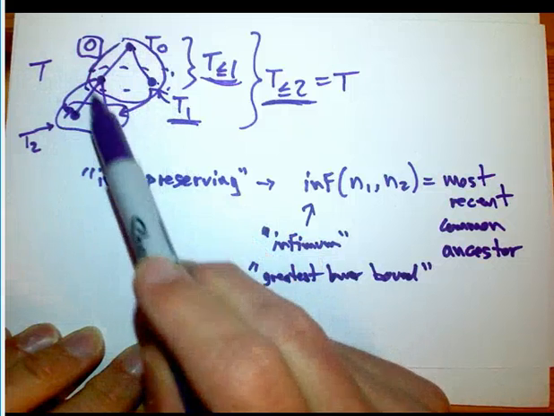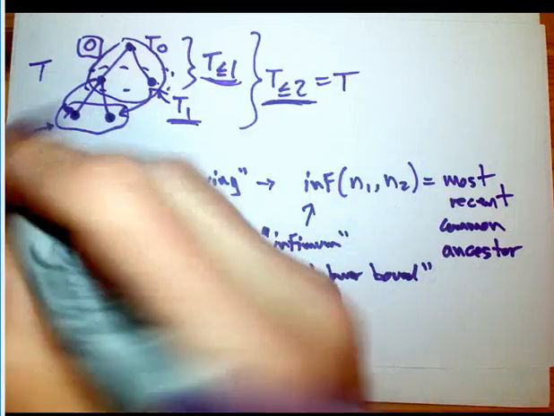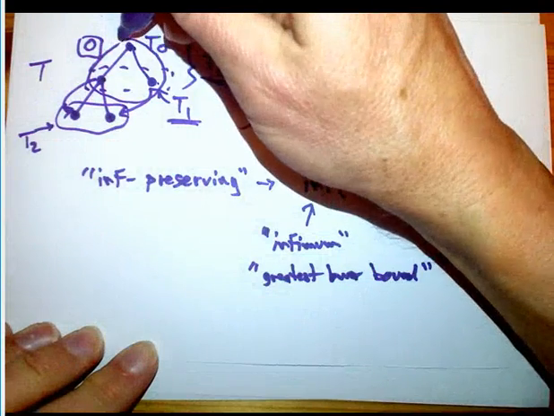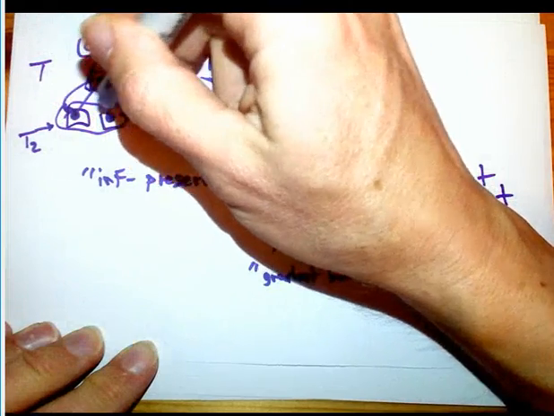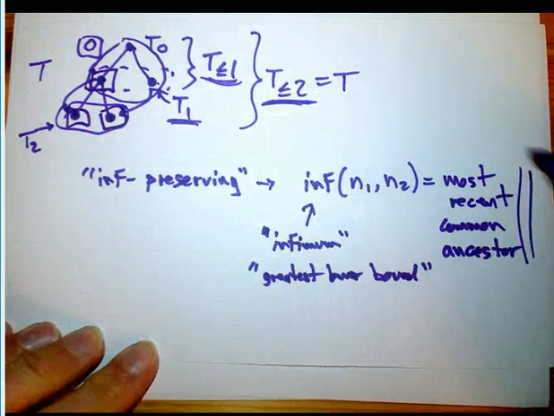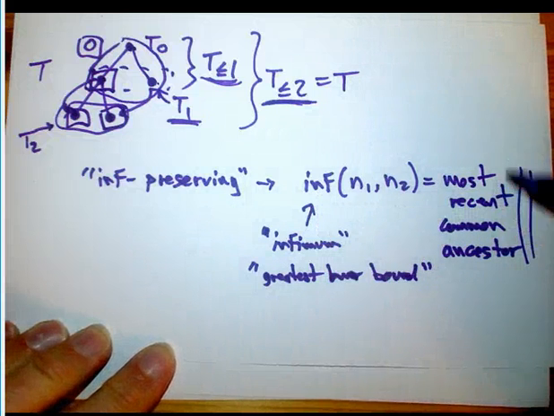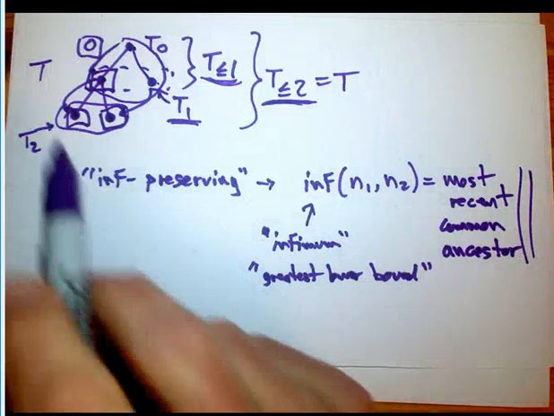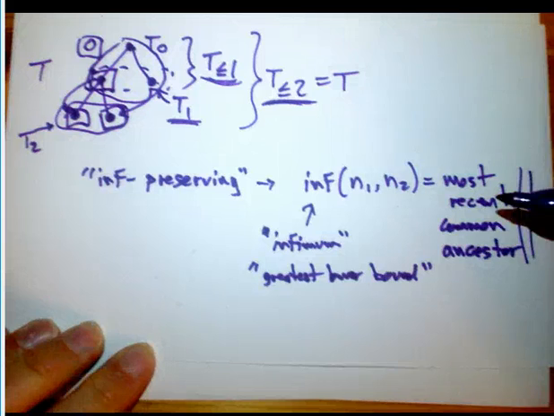Let me give you an example. This guy here is the inf of these two guys. Hopefully that's pretty clear from the terminology, the most recent common ancestor. So when I say inf, think most recent common ancestor, or the closest place that, as you go up the tree, they both join into one. That's what it means.